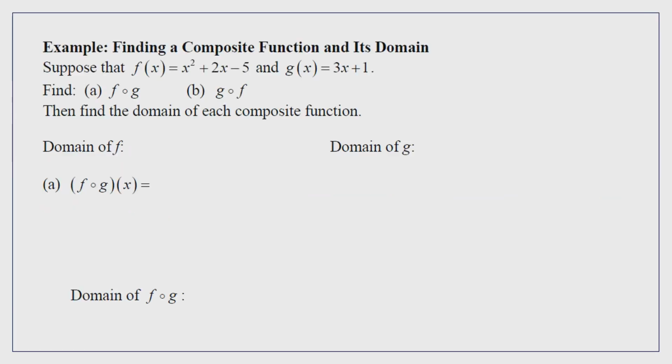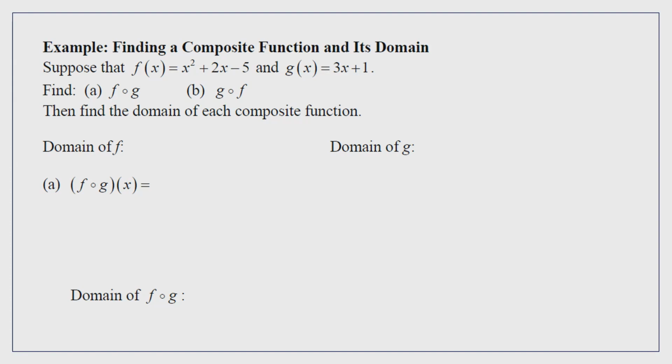So suppose that f of x equals x squared plus 2x minus 5 and g of x equals 3x plus 1. We're asked to find f composed with g and g composed with f, and then find the domain of each composite function. Let's first find the domain of f. The domain of f is all the x values that exist within our function.